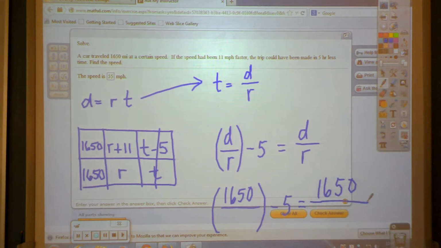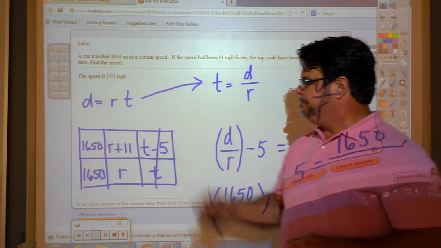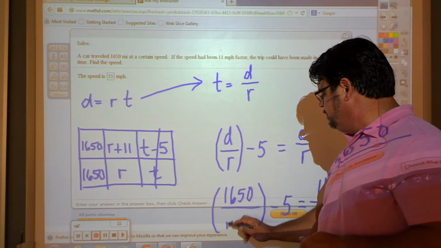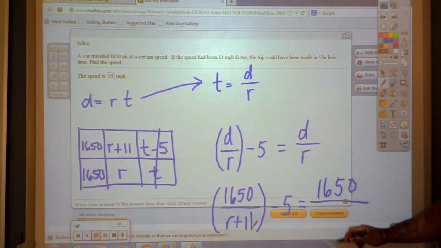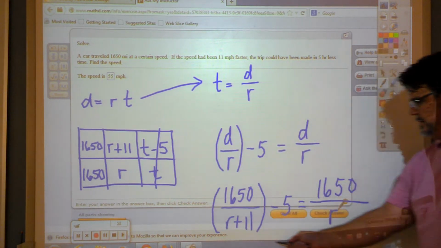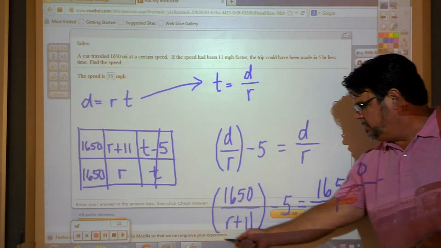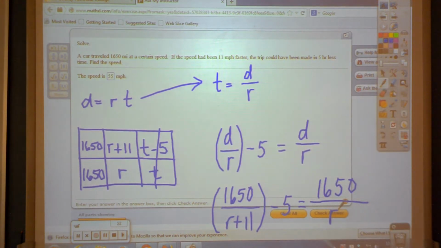And then my R with the T minus 5, and R here. So now we get to solve this equation. So go ahead and take this to the next page, and we'll do that.